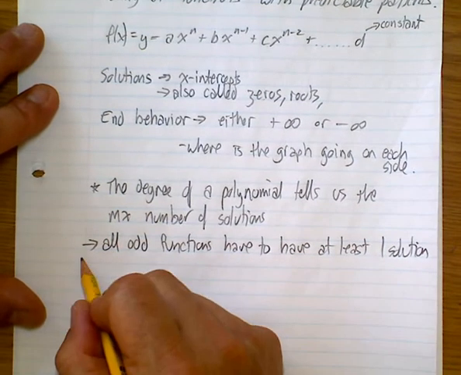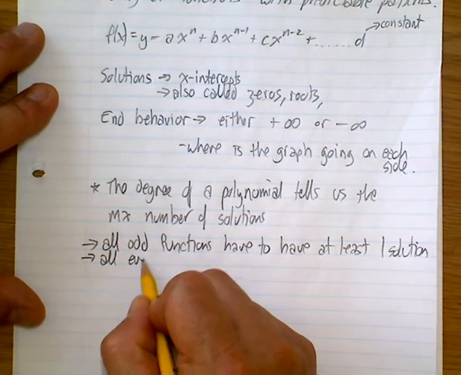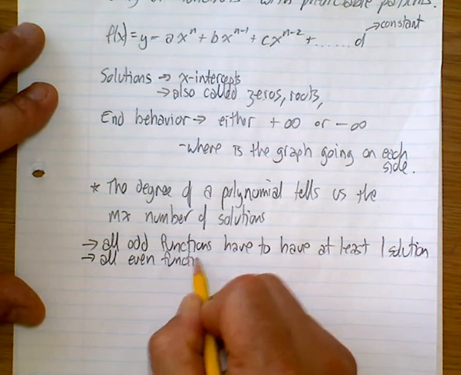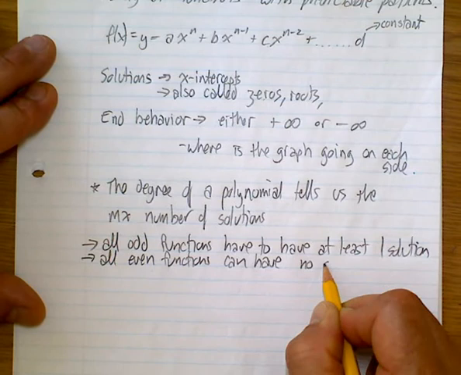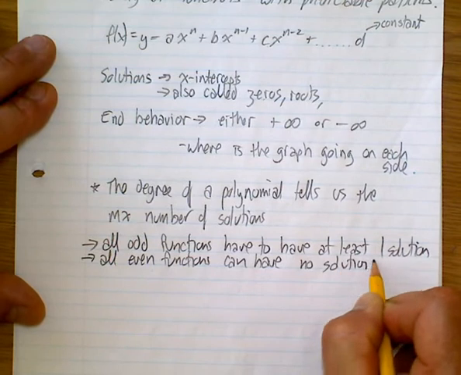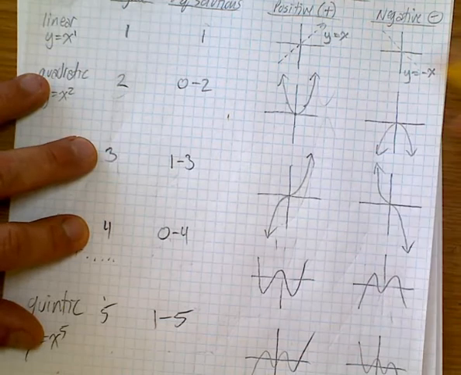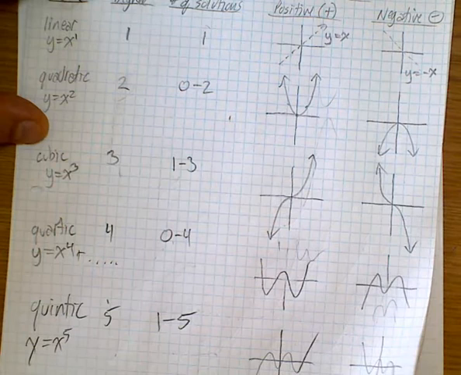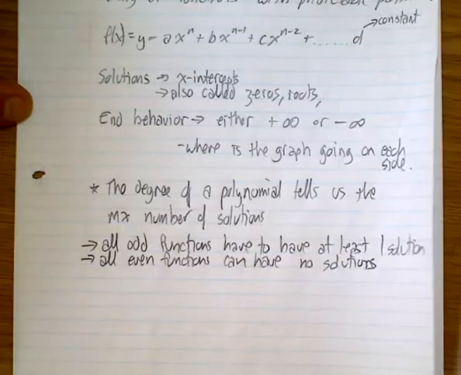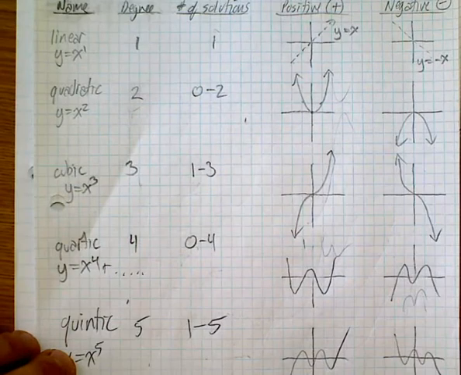All even functions can have no solutions, because they can either be up top here or down below. They don't have to cross, right? Positive and negative, right?